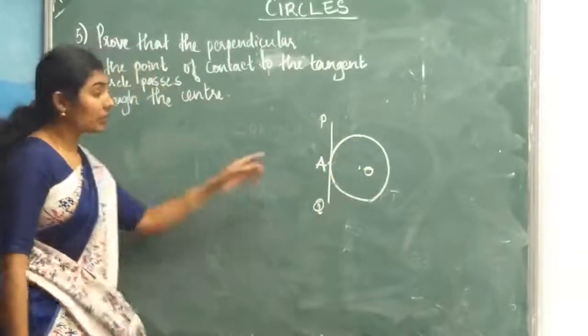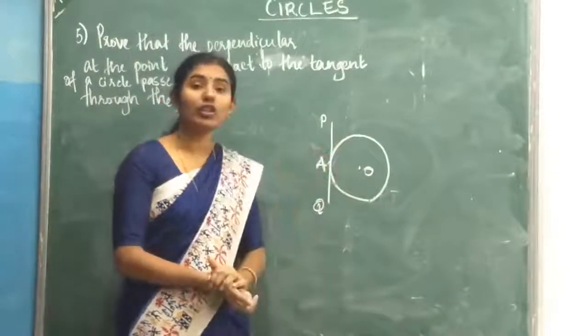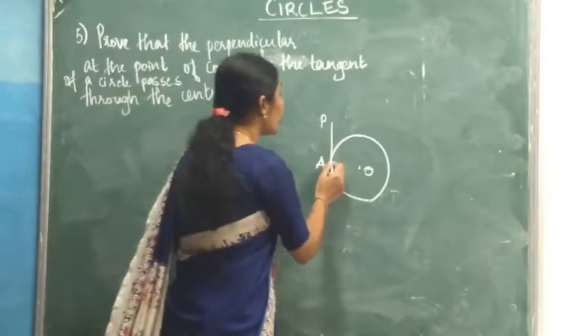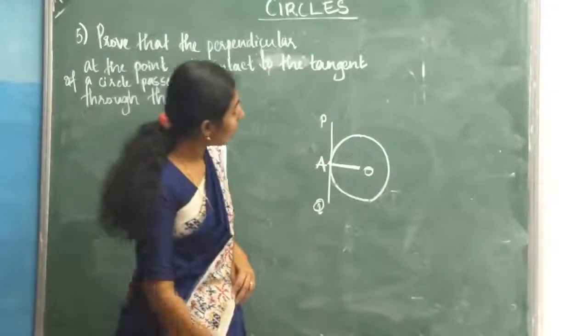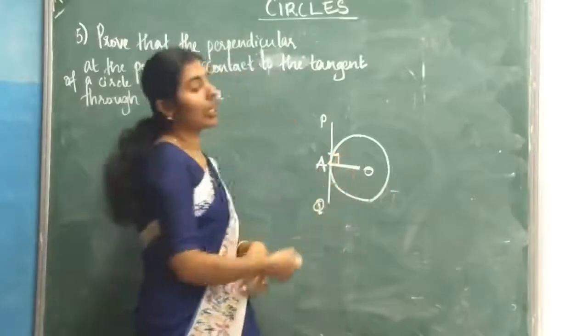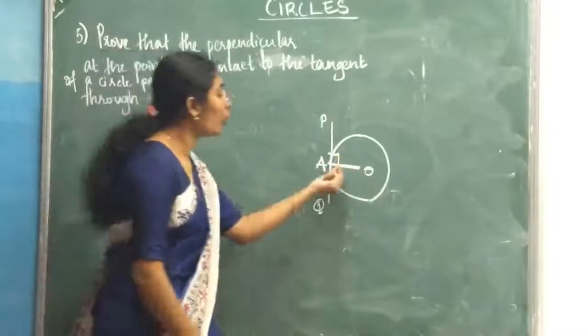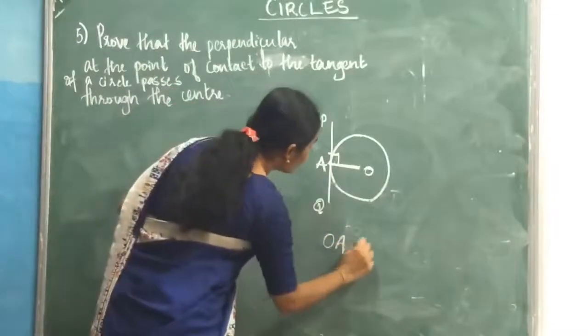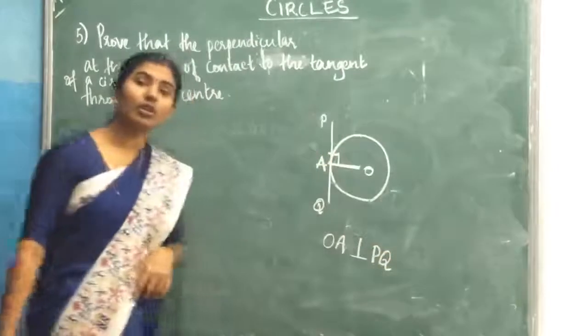Again I will say, see here. First of all, you know the tangent is perpendicular to the radius, isn't it? When you draw one radius through this point of contact, the radius is perpendicular to the tangent. So what are we getting? OA is perpendicular to PQ.